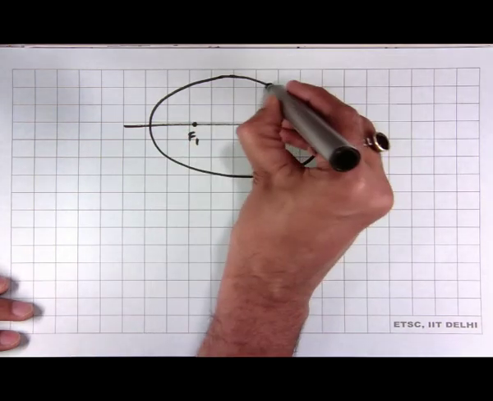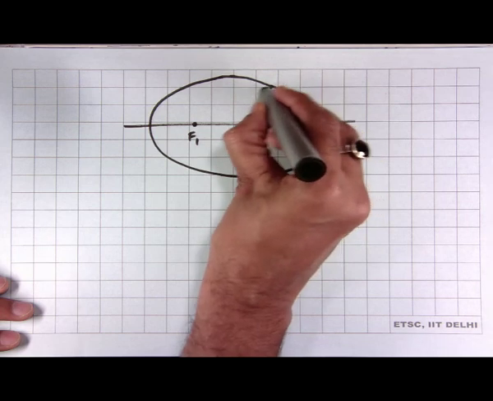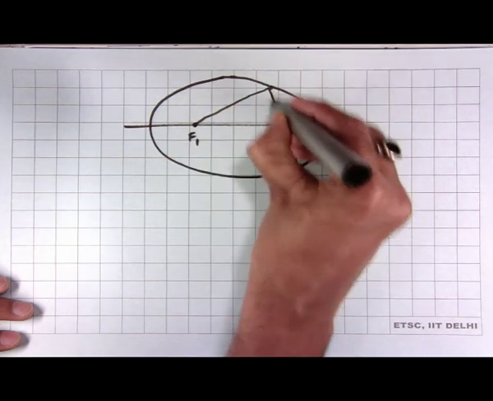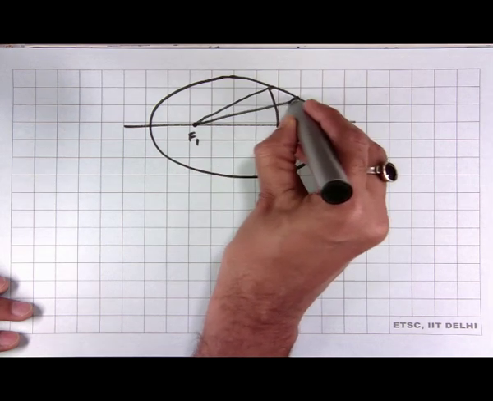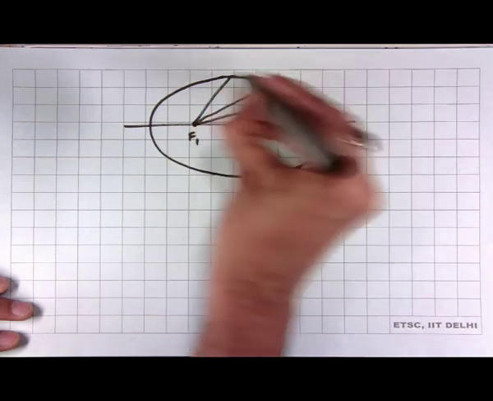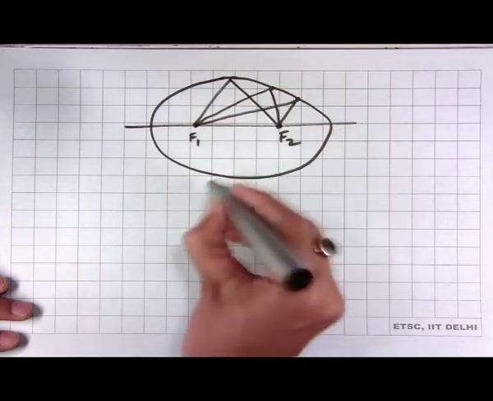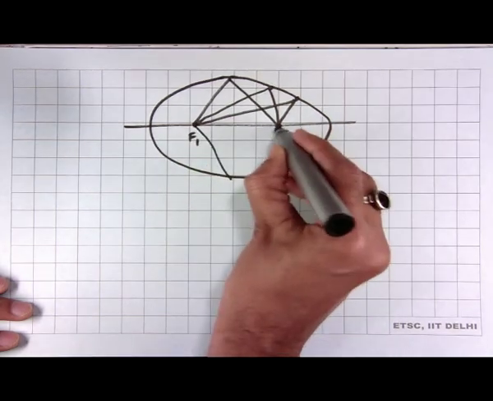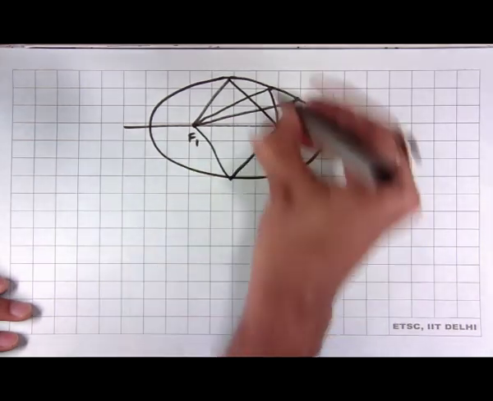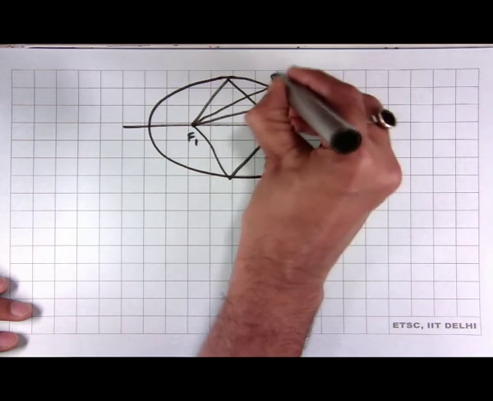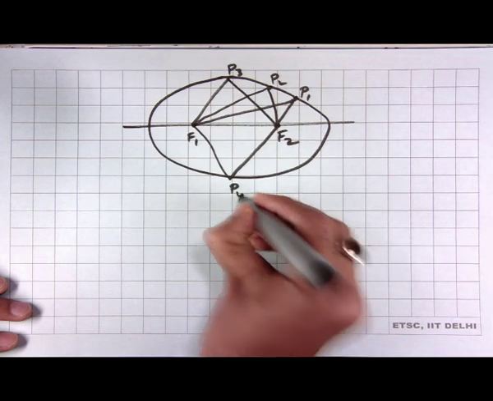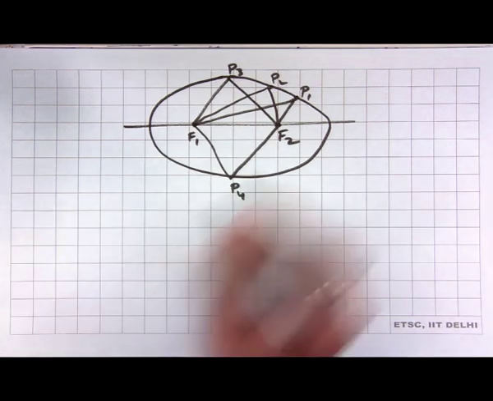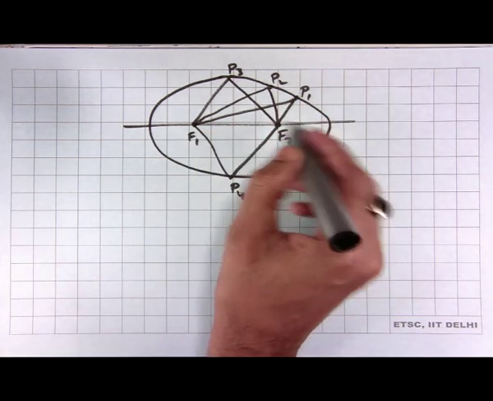If I take any point P, this plus this is the same as this plus this, same as this plus this. For any point P 1, P 2, P 3, P 4, P i f 1 plus P i f 2 is a constant.